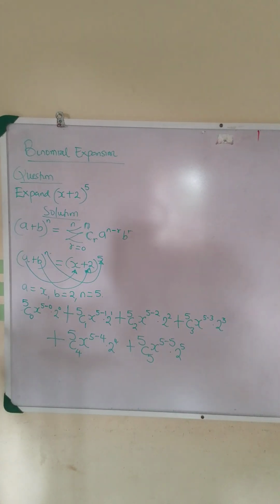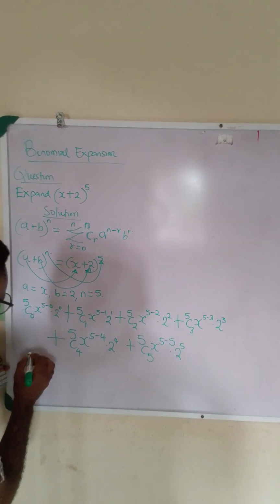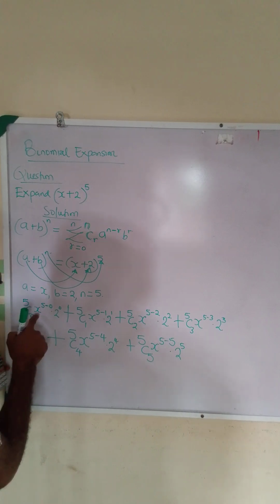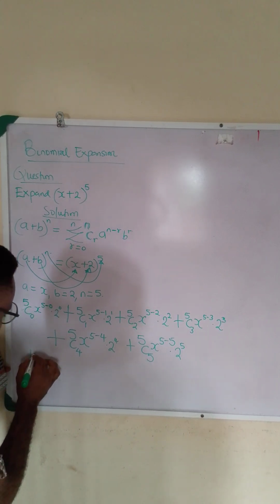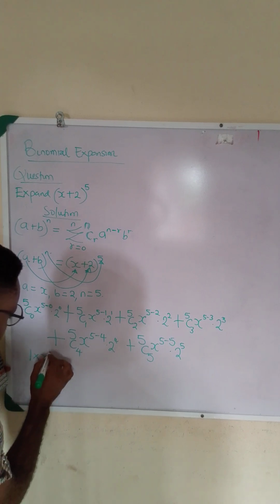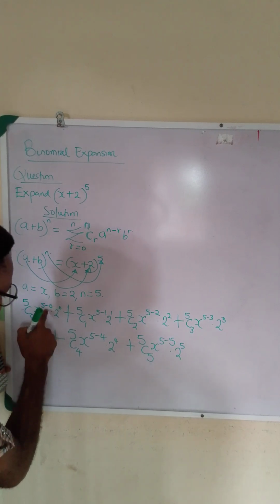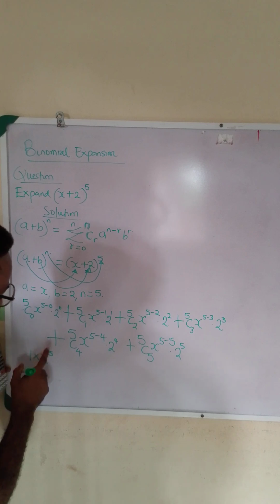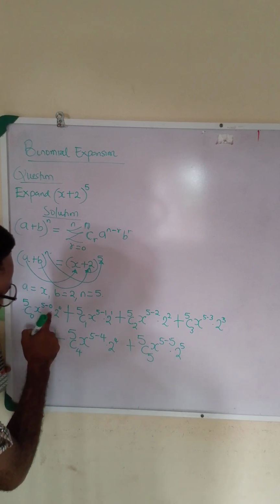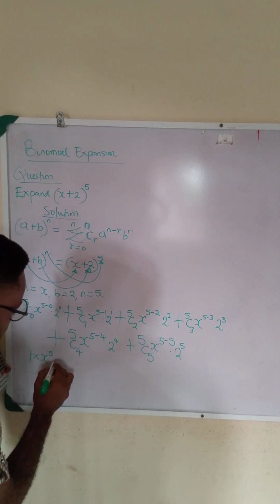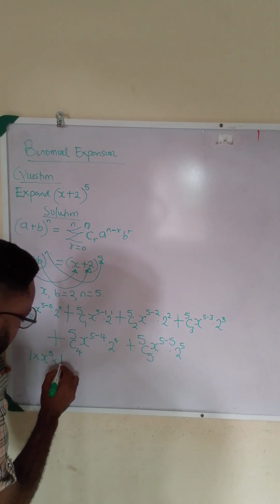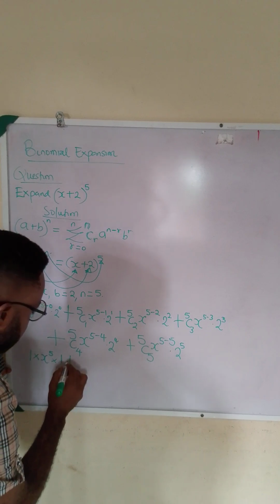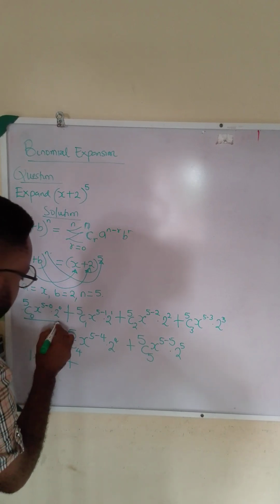So we are going to have 1 here, then x raised to power 5 minus 0, this will be times x raised to power 5, because 5 minus 0 is 5, and then times 2 raised to power 0, which is 1, that is, any number raised to the power of 0 is 1. So we are done with the first one.